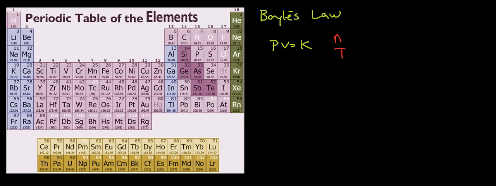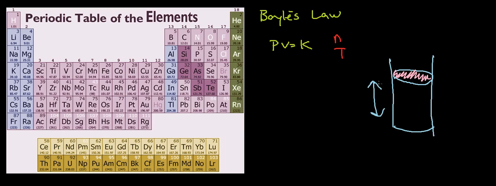But if the conditions are constant, say if I had a gas inside of a cylinder like this, and this lid could move up and down, so I can change the volume at will.